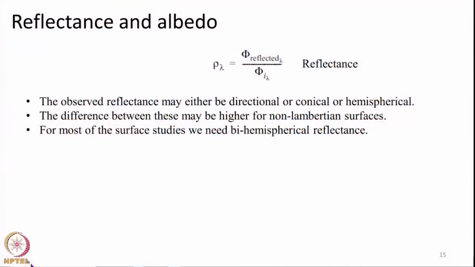Now we have come to a point of defining important properties related to remote sensing measurements, that is, reflectance and albedo. In remote sensing, I already told you that the major interest is the amount of energy going out from an object. Say an object is here. What is the amount of energy going out from the object is what we are going to measure in remote sensing.